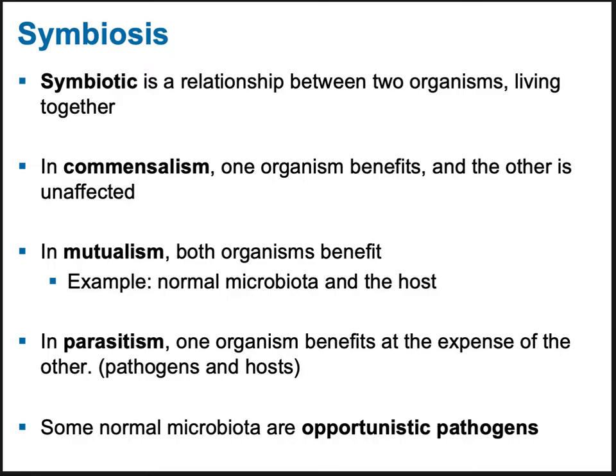But if they are able to colonize there long enough, they might be able to work their way up into the bladder and then cause a bladder infection. They could even work their way up the ureters and get into the kidney and cause a kidney infection, which can be life-threatening. So there you go. There's an example.